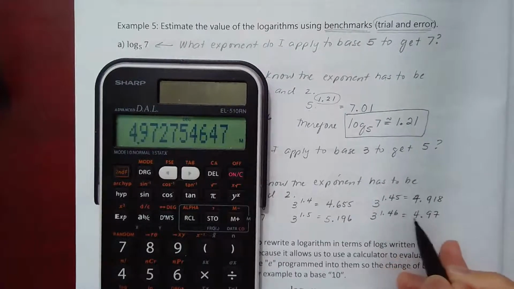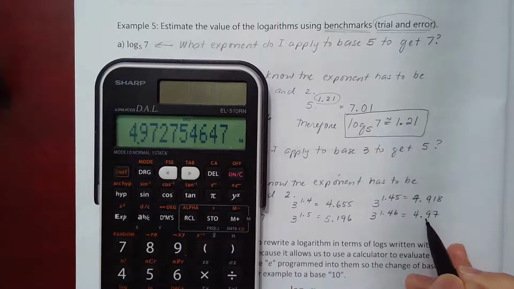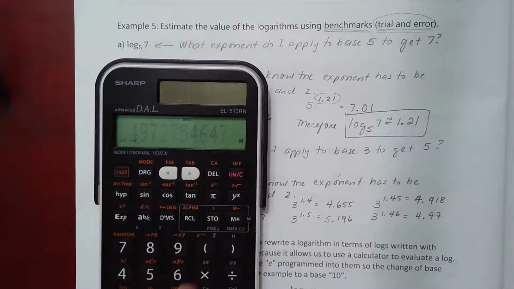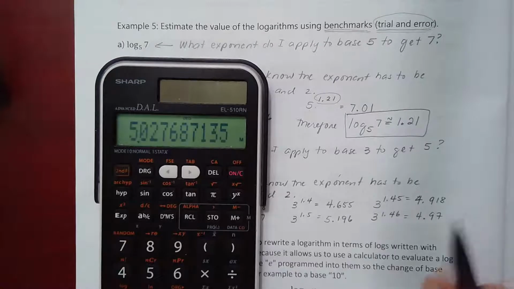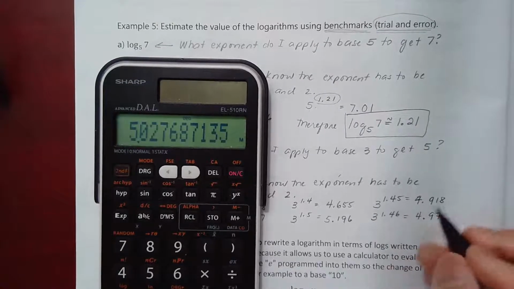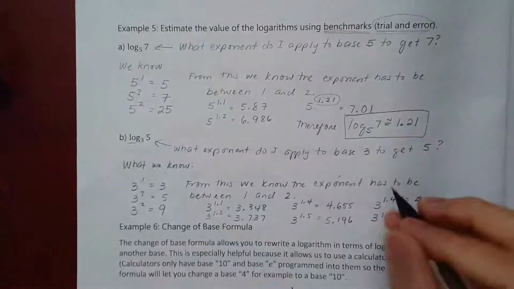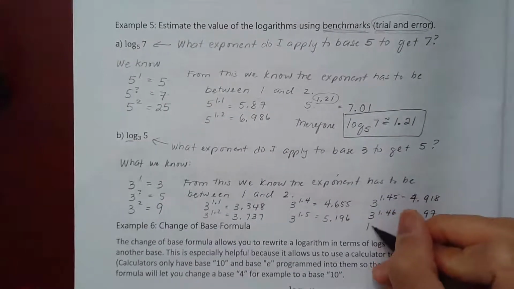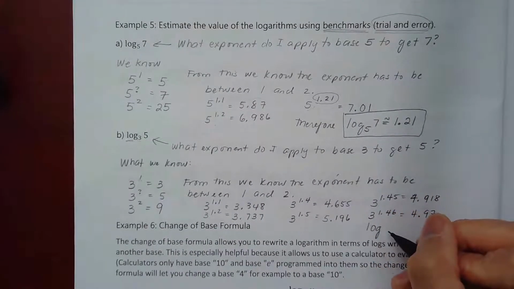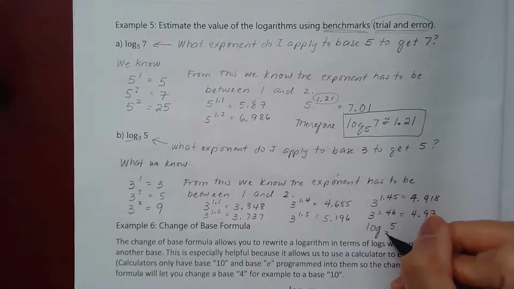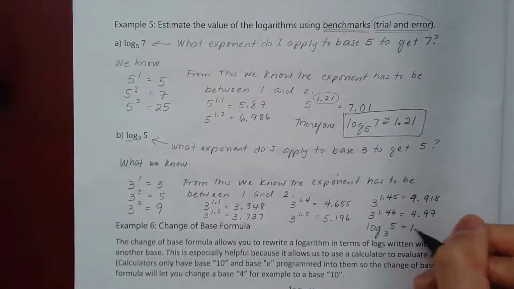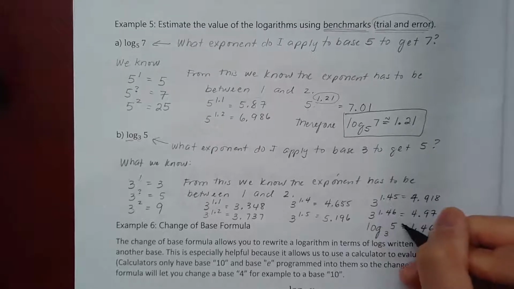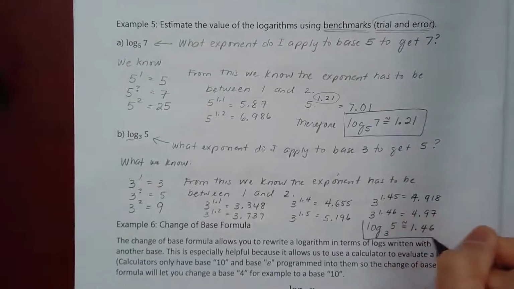So I'm thinking that if I go 3 to the exponent 1.47, it's going to be slightly over 5. So we would say log of 5 base 3 is approximately 1.46.